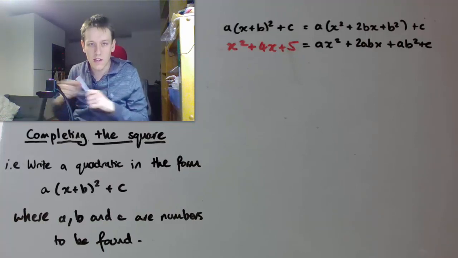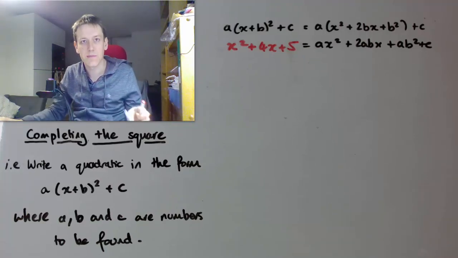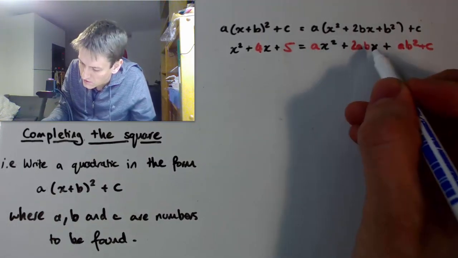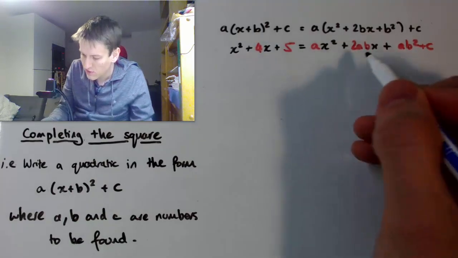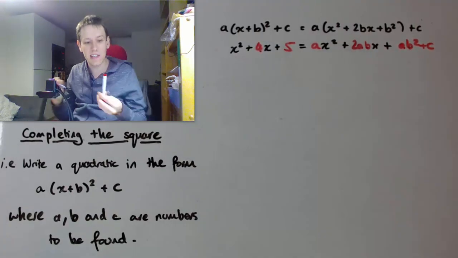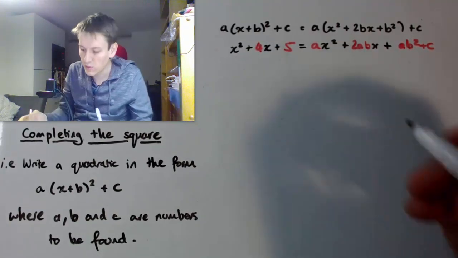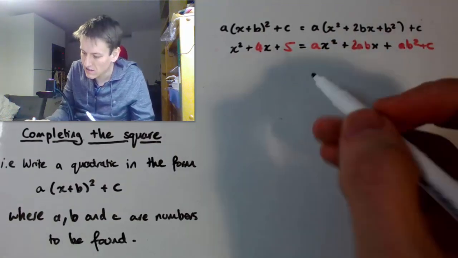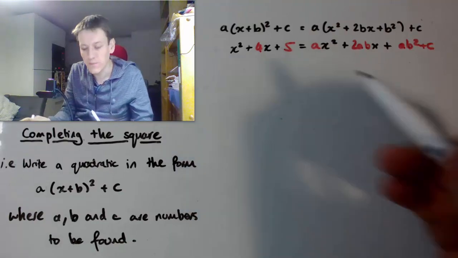So let me just recolor some of these items and write the expansion like this. The x squared and the x are present in both, and we've got the coefficients labelled here. This method is called equating the coefficients. To choose a, b and c, just look at each coefficient one by one and match them up.